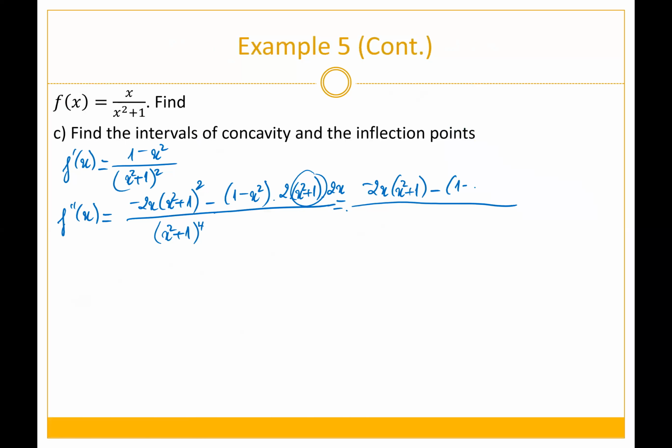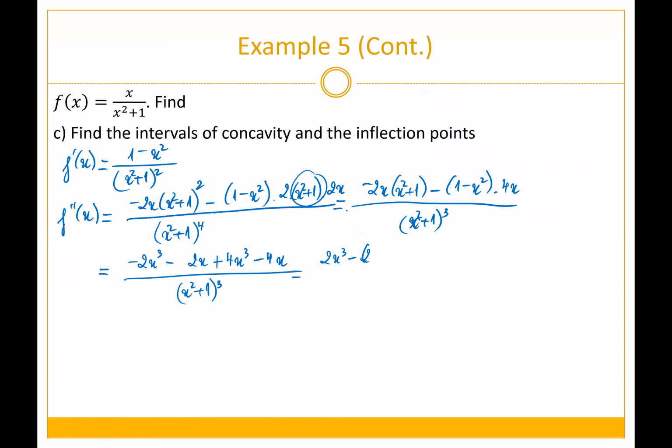You're going to have negative 2x times x squared plus 1, plus 4x times 1 minus x squared, over x squared plus 1 cubed, because I already canceled out one factor earlier. Then we have negative 2x cubed minus 2x plus 4x cubed minus 4x, divided by x squared plus 1 cubed, which gives us 2x cubed minus 6x.